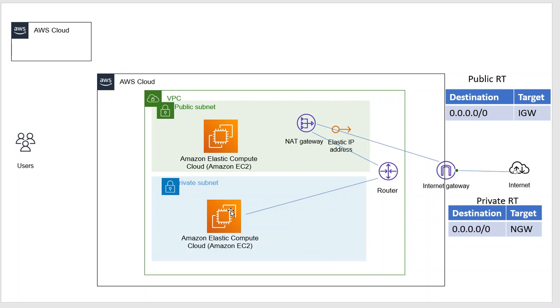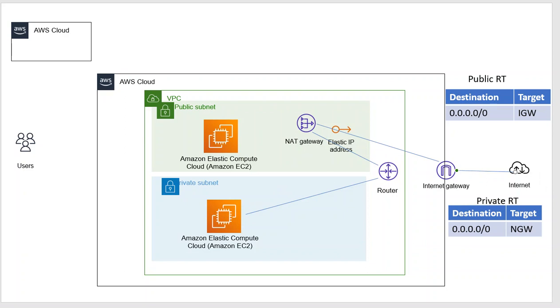But there may be a need, like if an EC2 instance, a Linux instance, is there, how do you apply patches? For all those reasons, it should be able to get the latest patches. So internet access should be established. For that we use a NAT gateway in between and access the internet.